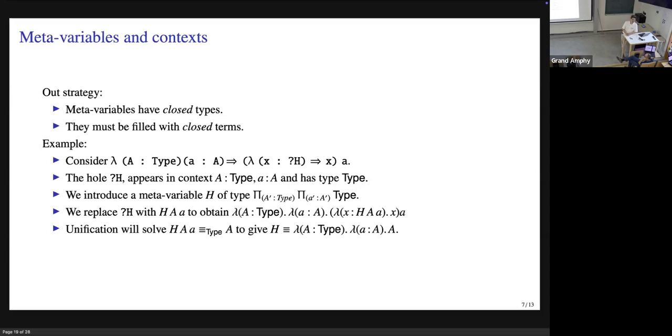I think your idea is important because yes, we might be in a situation where we take a wrong step, especially if we're trying to fill in holes using proof search. It's not just unification. Maybe you have an automated theorem prover and you tell it, fill in this hole. And then the automated theorem prover says, I have 17 proofs of this fact.